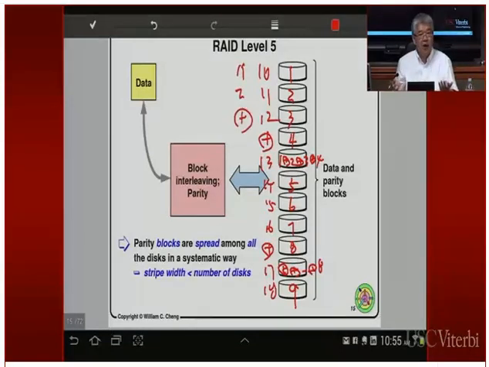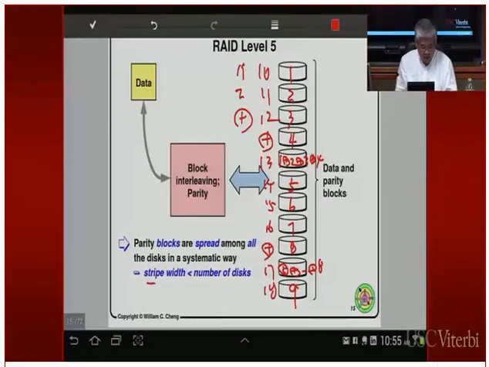Now you can see that the parity blocks are spread evenly among all the disks. Therefore the performance problem in RAID 4 is solved by spreading the parity blocks all over the disk system.